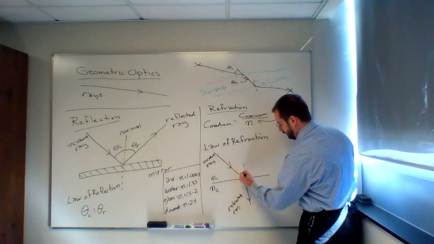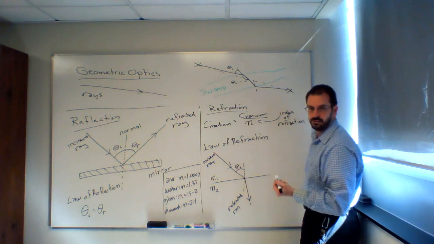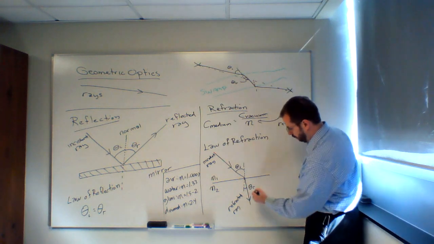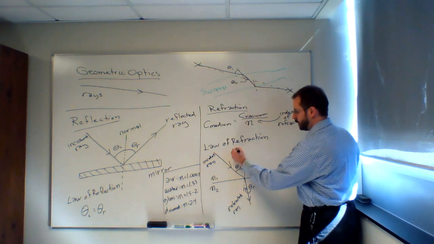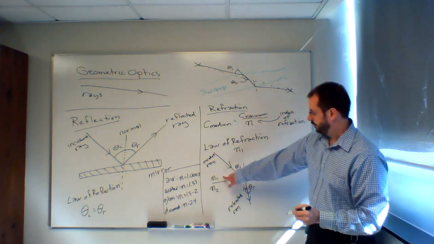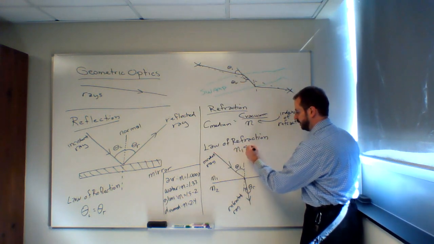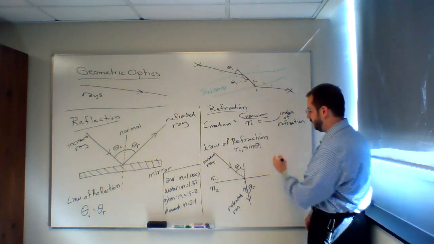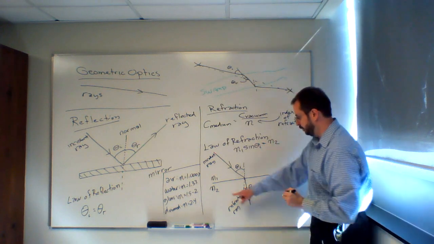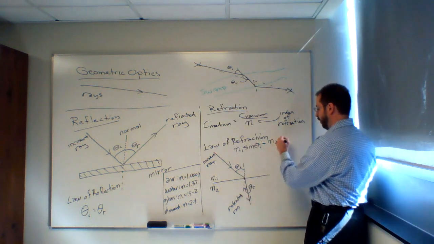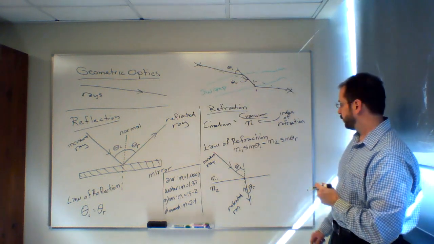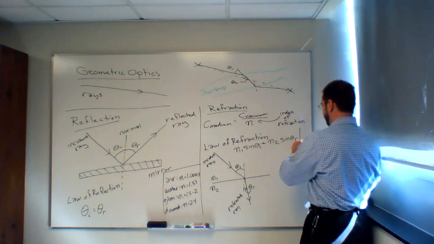If I were to draw the normal here, there is my incident angle, again measured from the normal, and then in here will be my refracted angle. The relationship between these is that n1, the upper refractive index, times the sine of theta i, which is the angle on the upper side, is equal to n2, which is the lower index, multiplied by sine theta r.